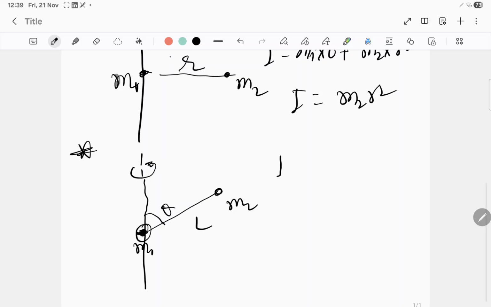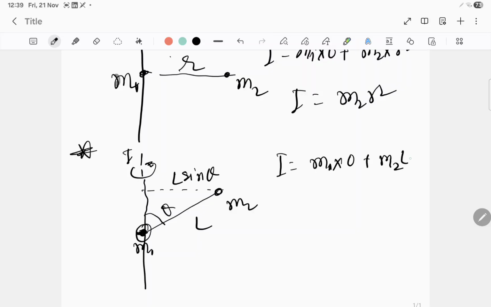So we write I equals m1 into 0 plus m2 into the perpendicular distance. This is the perpendicular distance of m2 from this axis, and this is L sine theta.